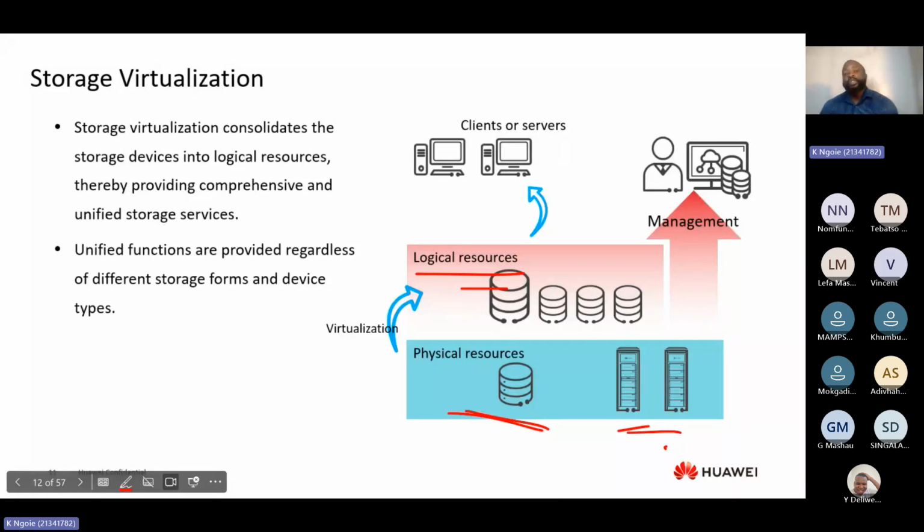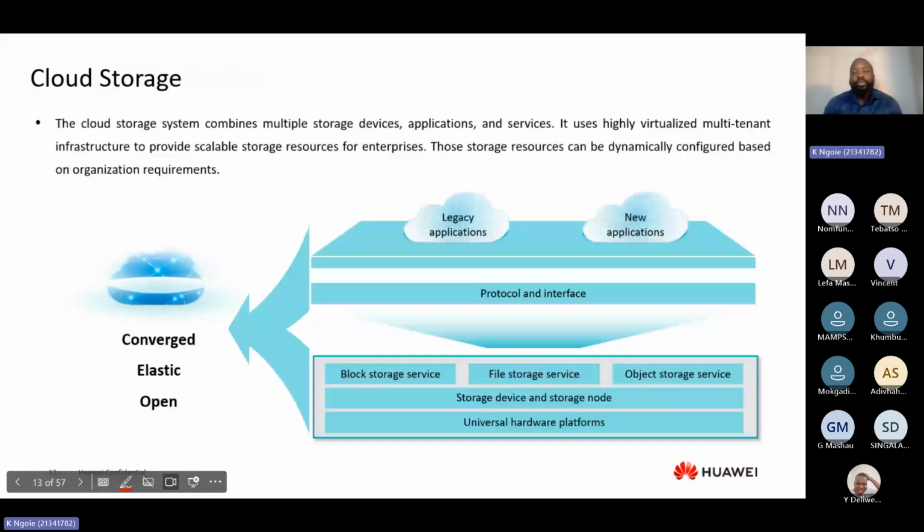But one of the challenges with cloud storage is that sometimes you want to access your data, but it is very difficult, maybe because you don't have access to the internet or to fast internet. That becomes a bit of a problem. But one of the biggest advantages of the cloud is the capacity you have access to.